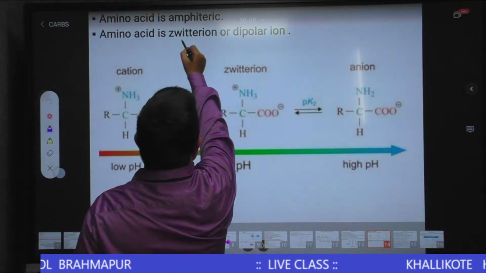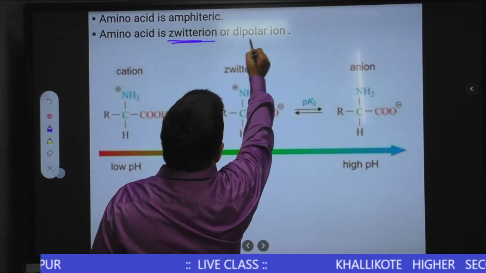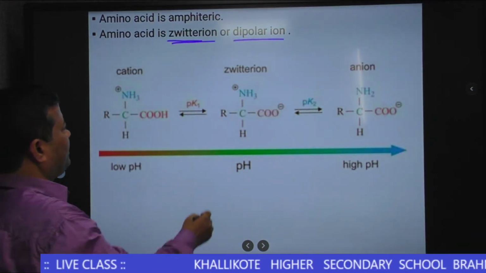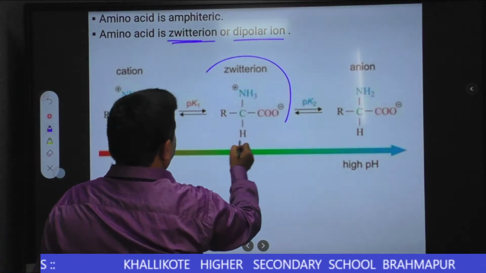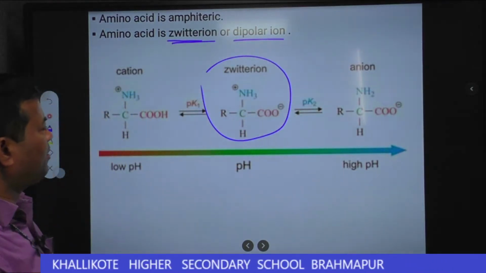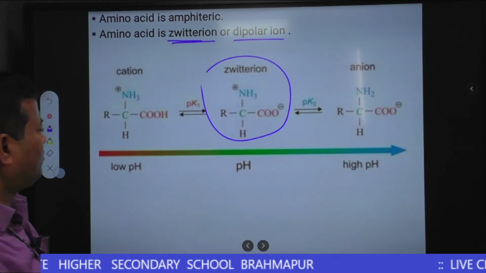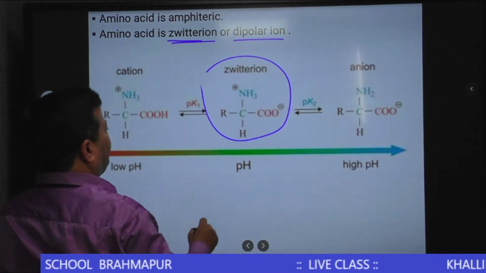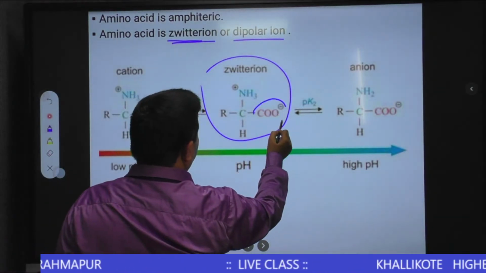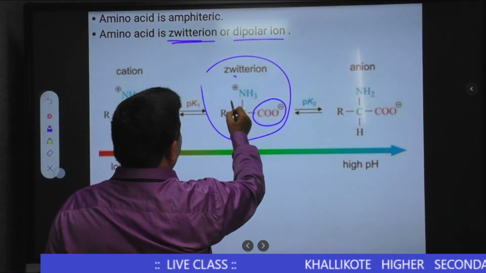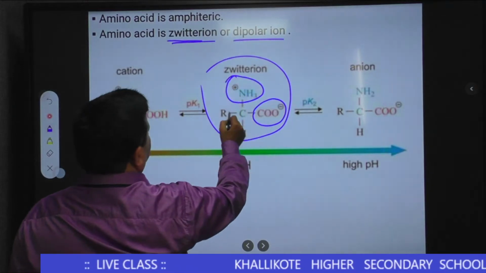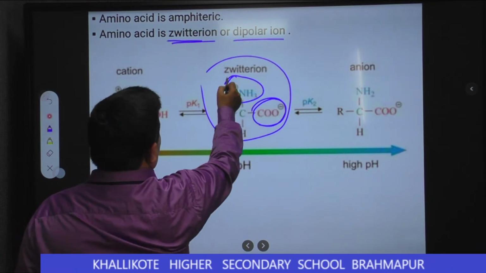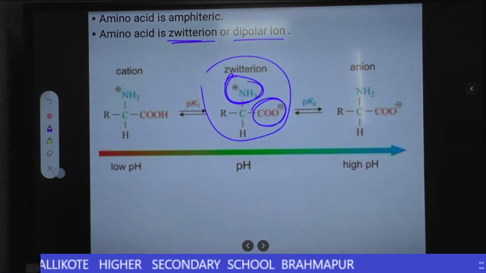Amino acid is a zwitter ion or dipolar ion. It forms a dipolar ion. You can see the board here. In the solution where the pH is neutral, neither positive nor negative, the carboxyl group is dissociated and the amino group is protonated. Means the carboxyl group is a proton donor and the amino group is a proton acceptor.